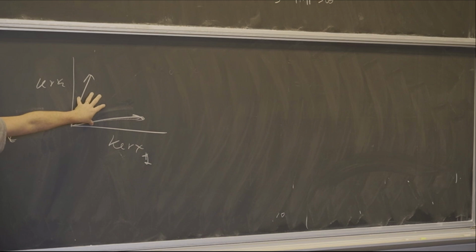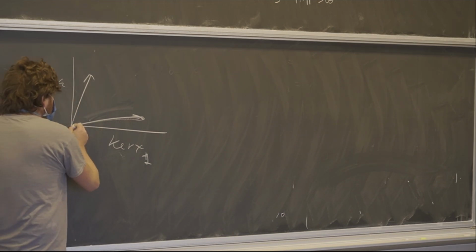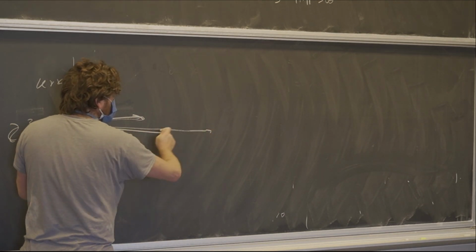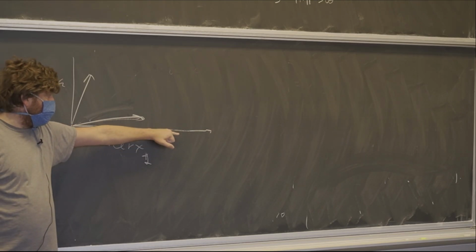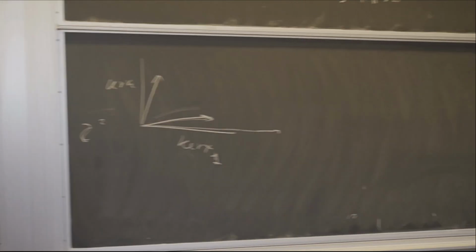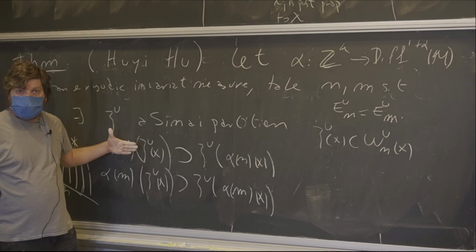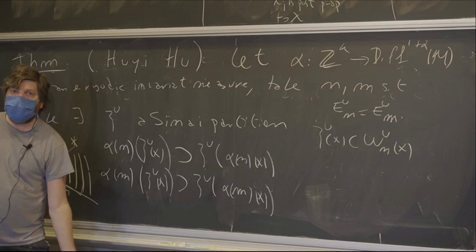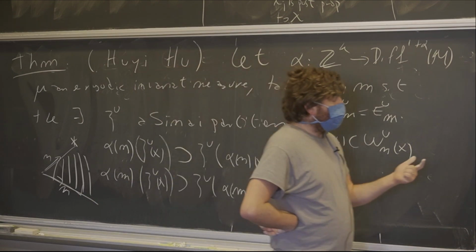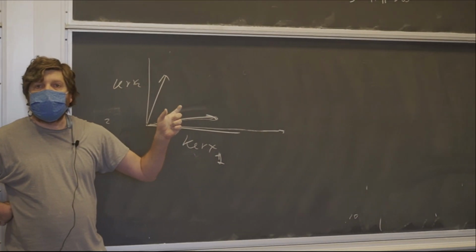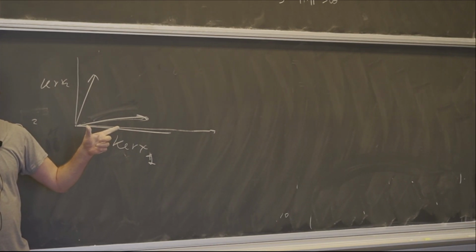Then that I can do. But when I take guys which are very, very close to the boundary, then I start having problems a priori. And that's why one has to be careful here. Because when this guy is getting closer and closer to the boundary, this deteriorates. So you still can build it, but you cannot build one that will work all the way up to the boundary. And naturally you cannot do it, because when you reach the boundary, there is one vector in the unstable that is not anymore expanding.